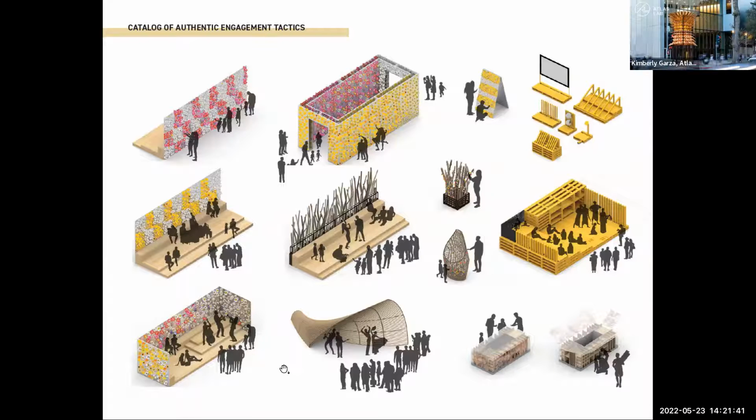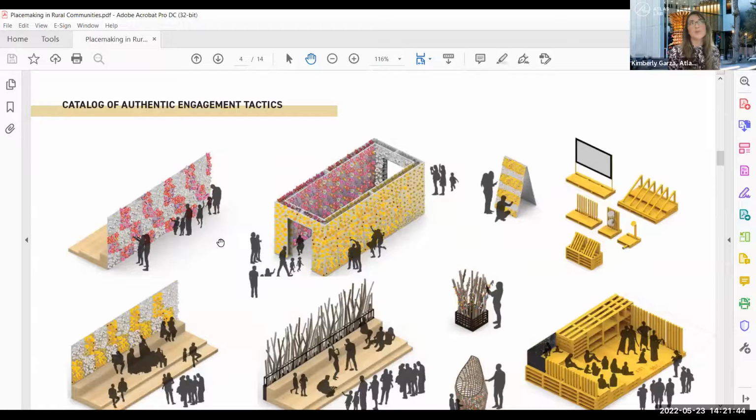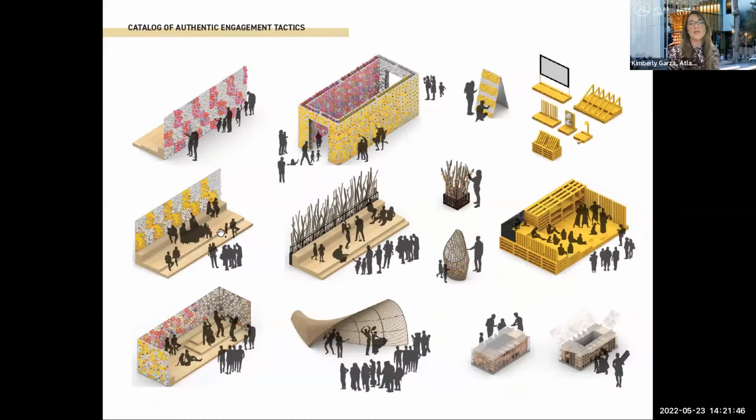Great. So when we started the placemaking master plan, we knew we wanted to use physical placemaking strategies throughout the process to, one, highlight what placemaking is to the county, and also engage the community through three different tactics that we'll talk about today.